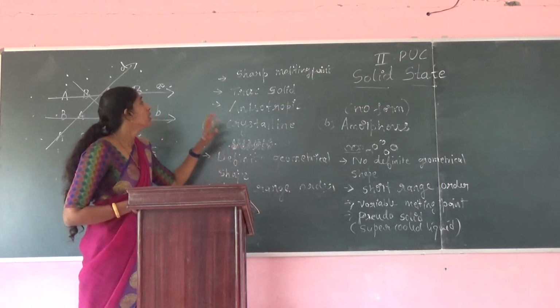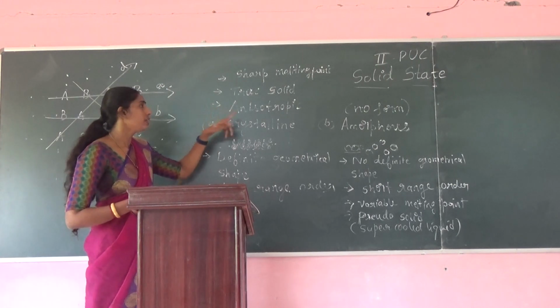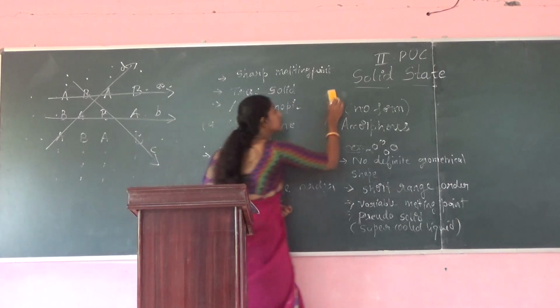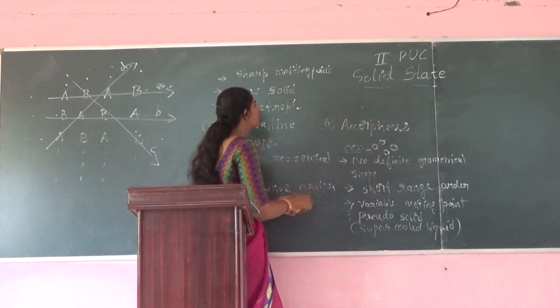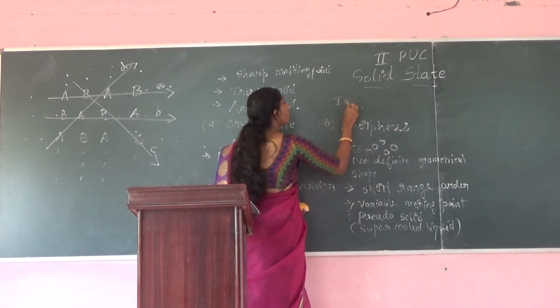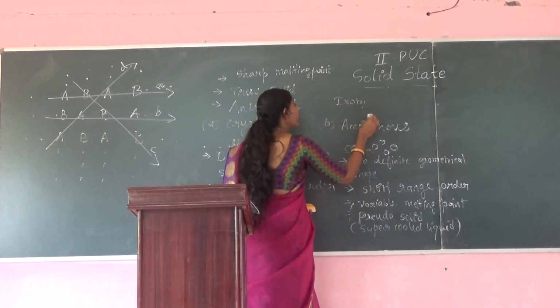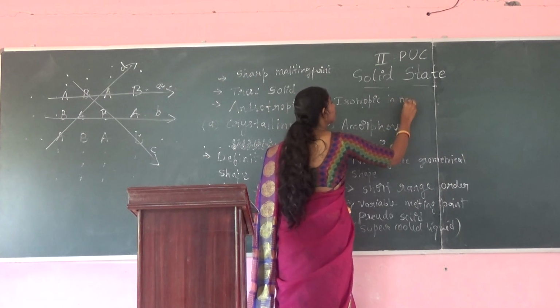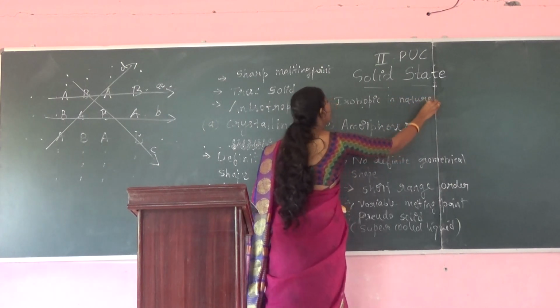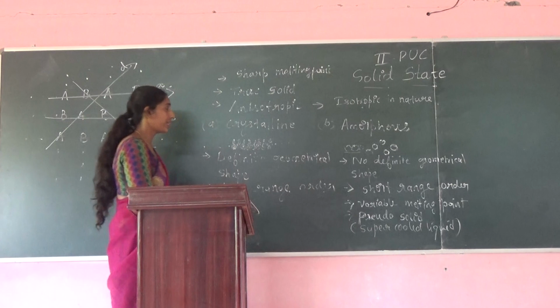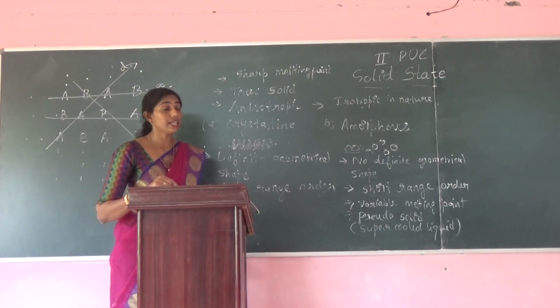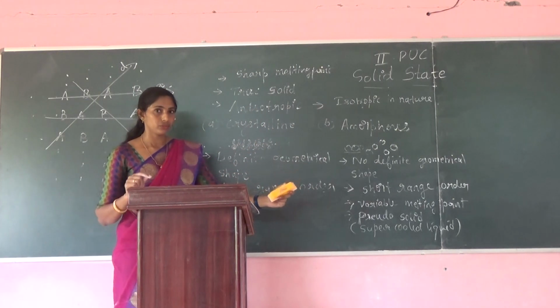And one more important property: amorphous solids are usually isotropic in nature. Isotropic in the sense of having the same physical properties in all directions.